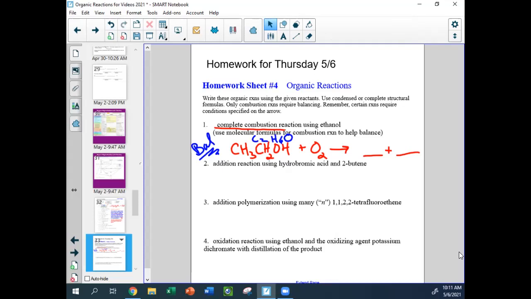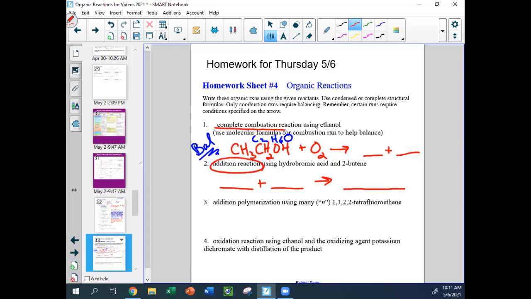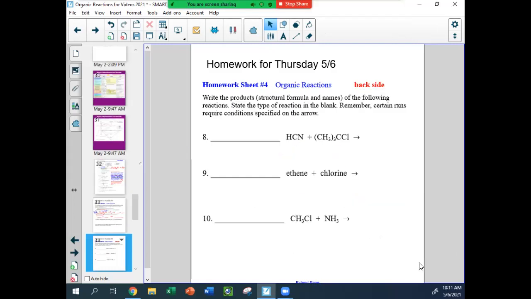The addition reaction of hydrobromic acid and 2-butene. You should be able to write those two products and give me, let's see, an addition reaction has only one product. One product. You should be able to write that in a structural formula or give me the name. I know this is a lot to practice, and the more you practice, the more comfortable you'll be with it.